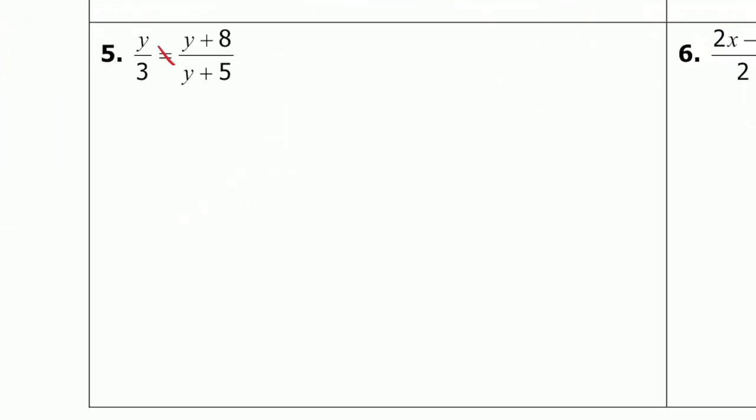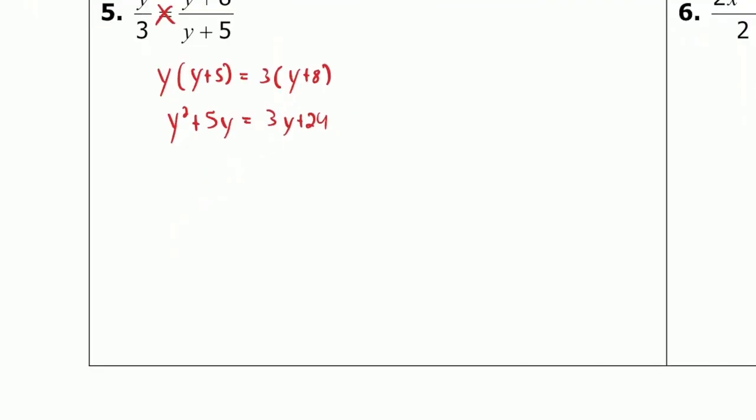Number 5, another cross multiplying one. So I'll get y times y plus 5 is equal to 3 times y plus 8. So I'll get y squared plus 5y is equal to 3y plus 24. I'm going to move everything over to the left to set it equal to 0 to give me y squared plus 2y minus 24 equals 0.